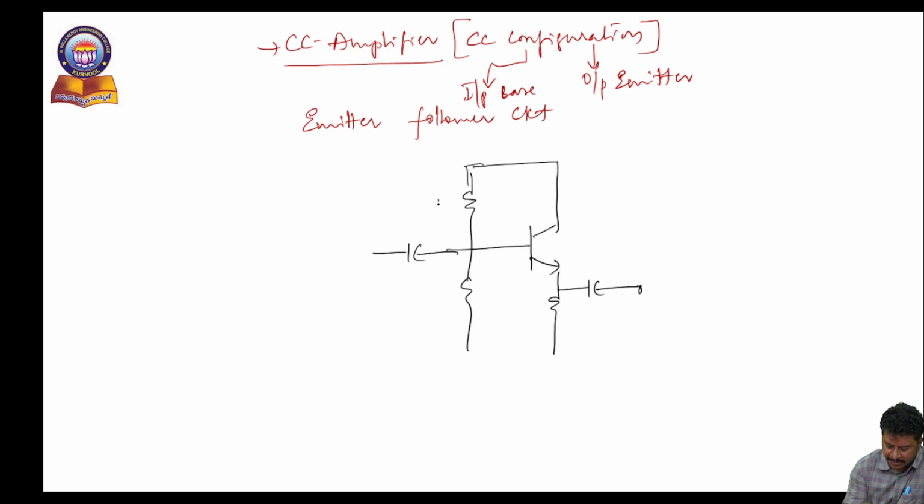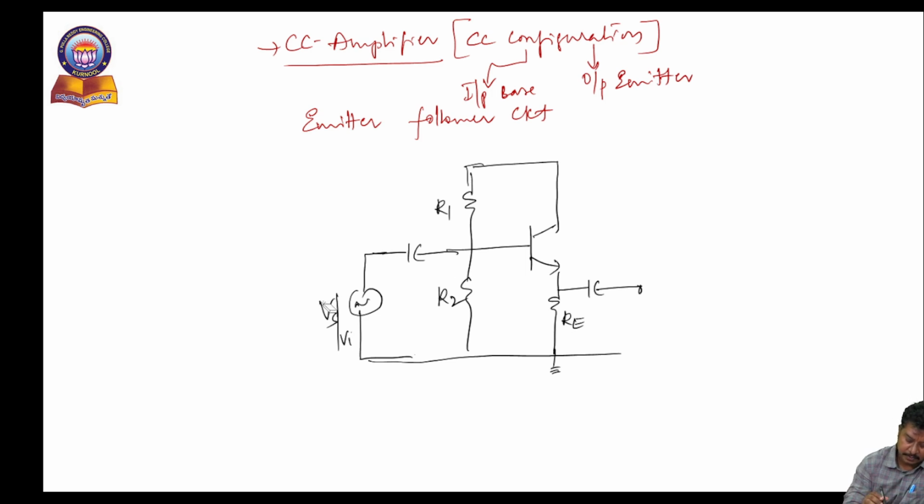Here are the biasing resistors R1 and R2, and the output is taken across RE, which is grounded. The configuration we prefer here is common collector, and this is VS, or V input. The input we are applying is V input, and here we are applying the VCC.